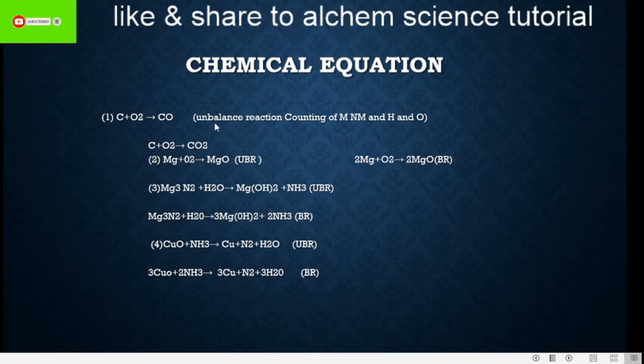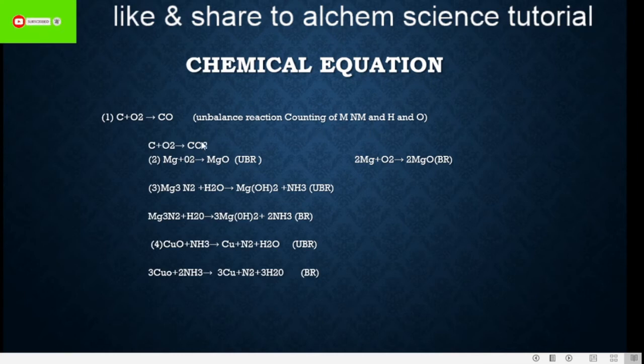Now count the oxygen: 2 oxygen here, but only 1 oxygen here. So you need to write 2 MgO. Now 2 Mg will be there, and if you make 2 Mg then the Mg is balanced. So 2 oxygen here, also 2 oxygen here, and 2 Mg here and also 2 Mg here. So this reaction is now balanced.